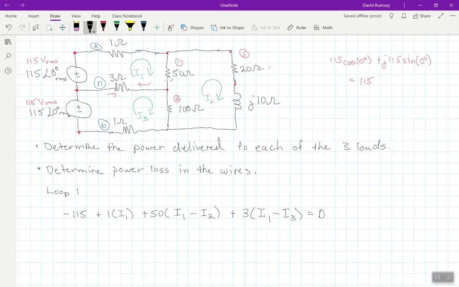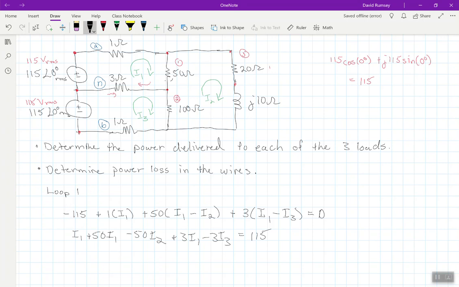And then of course we can simplify this equation. If we do this, we'd get I1 plus 50 I1 minus 50 I2 plus 3 I1 minus 3 I3 is equal to 115, moving the 115 to the right hand side.